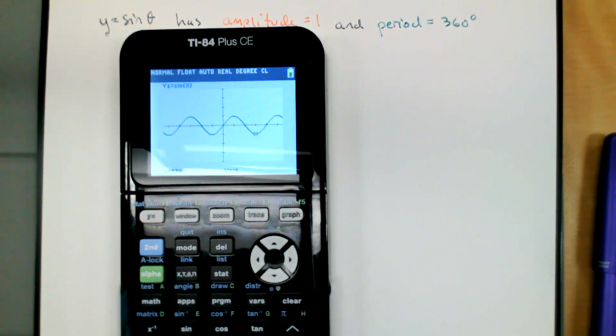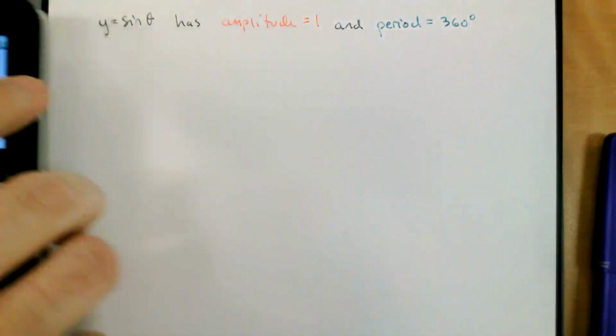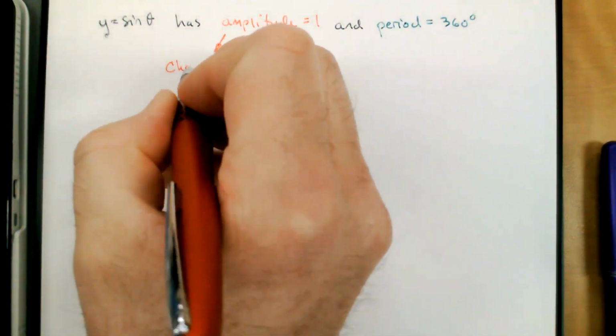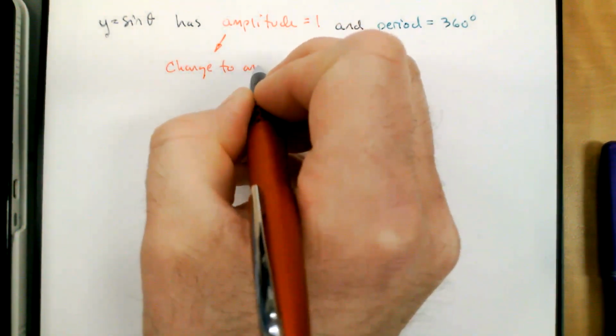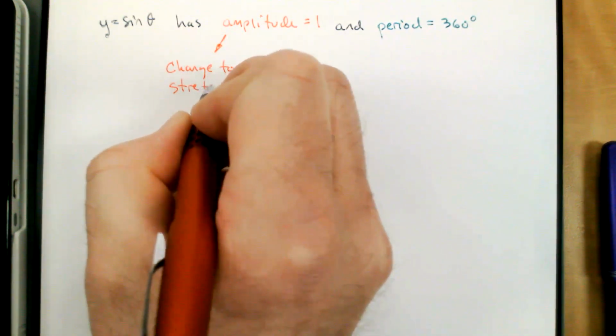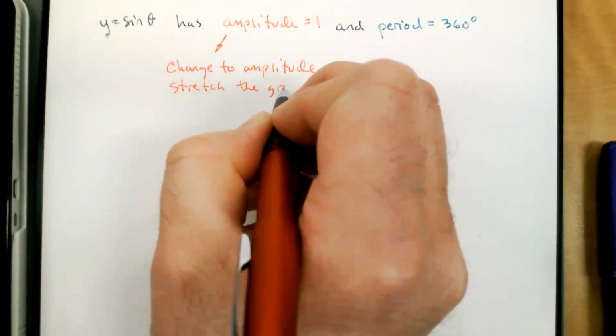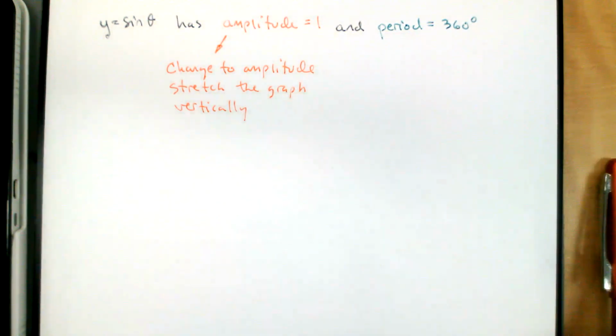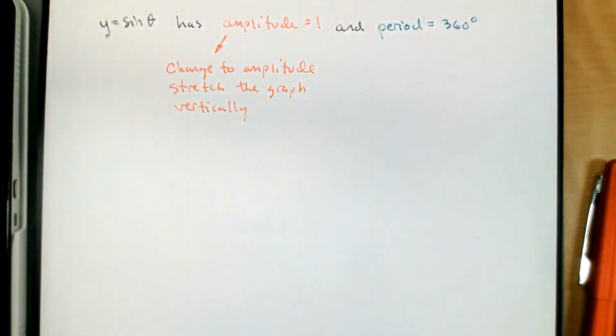So if I want to change the amplitude, I want to take this graph and stretch it vertically. A change to the amplitude will stretch the graph vertically.